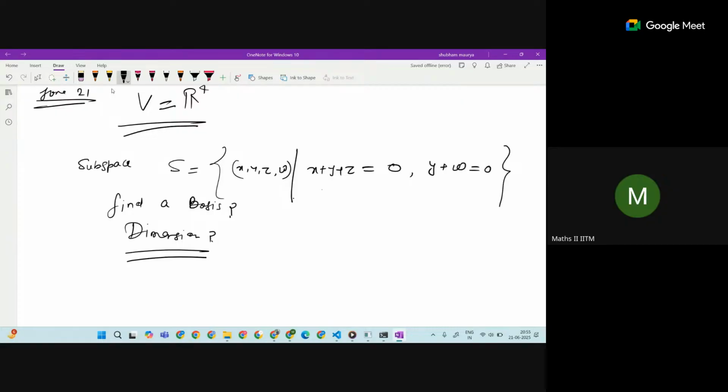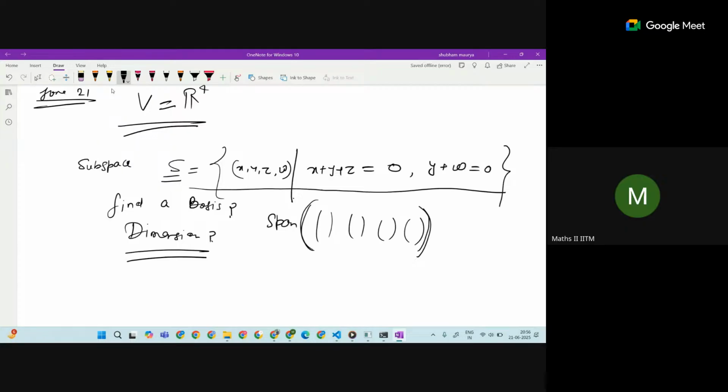Basis means I want to find those vectors which generate this subspace. All vectors here can be generated by just taking the span of them. If you take the span, you can exactly get this subspace.